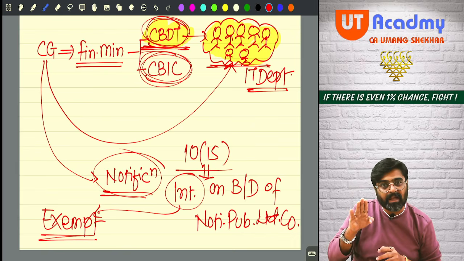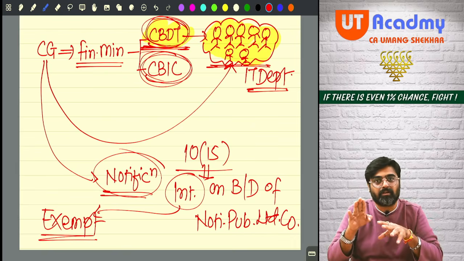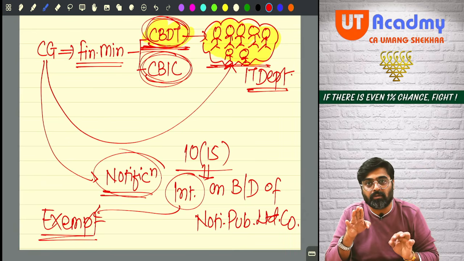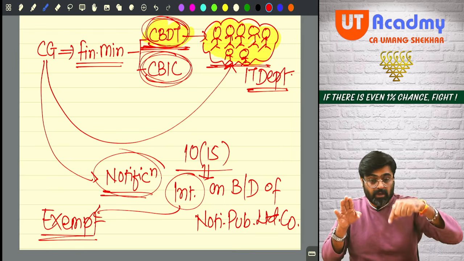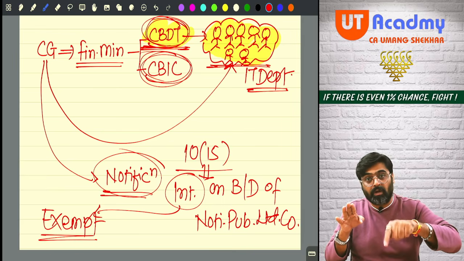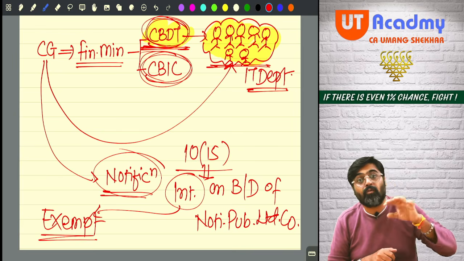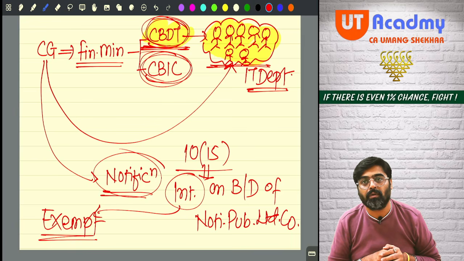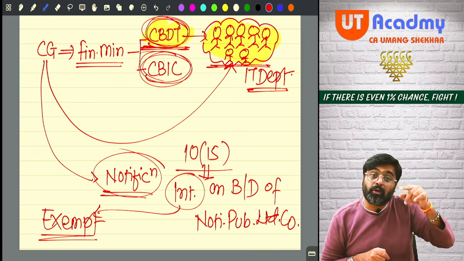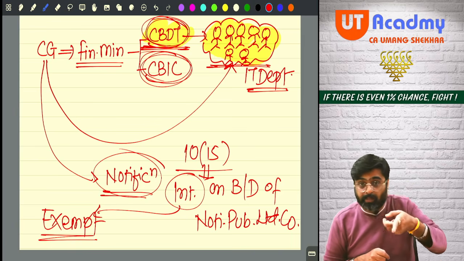So if the income tax officer is telling you to pay tax, he has issued a demand notice that according to us, we are reading this provision, and you are supposed to pay tax. He is asking for 50 lakh rupees of tax from you. But according to your understanding, you are not liable to pay 50 lakh rupees.